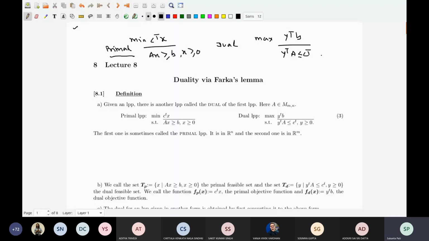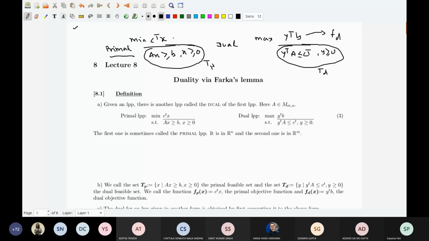So these two are related problems. We'll denote the feasible set for the primal problem by TP. Similarly, the set of all y's that satisfy this we will denote by TD. And similarly, this one is the dual objective function, this one is the primal objective function.